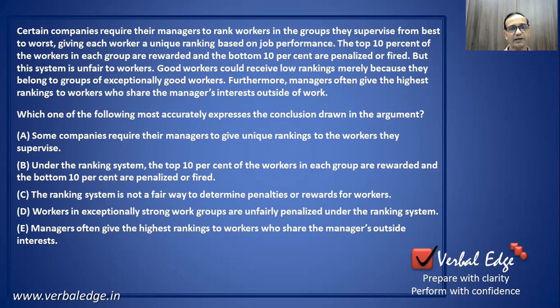Apart from that, when we come to reading the passage or the paragraph, we should remember that there are four types of statements that can be there in that particular paragraph, right? Number one, the background information, some context. Second, conclusion or the main idea, something which the author wants to convey or prove or affirm.